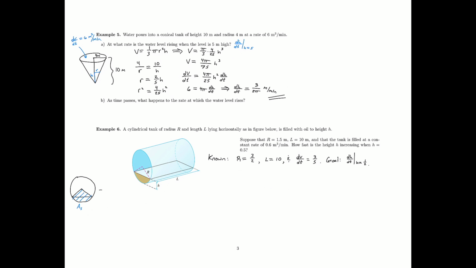So I'm going to just call this 2AT for now. So double this triangle plus the area of that triangle.